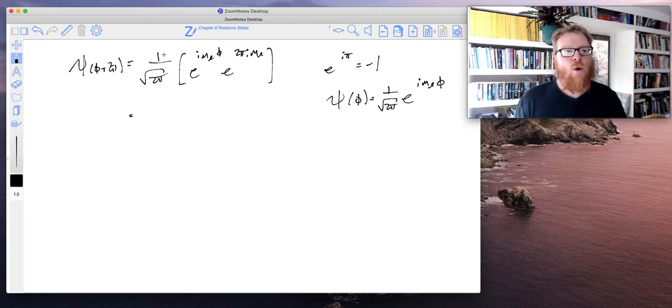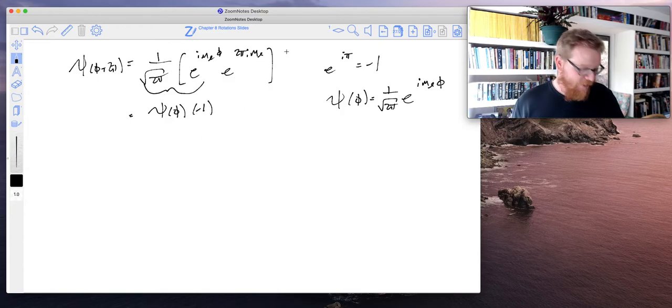I've got a 1 over root 2 pi e to the i m_l phi, so this chunk just becomes psi of phi. Brilliant. But now I've got an e to the i pi, and I'm going to write that as -1, but then it's still raised to the 2 m_l power.